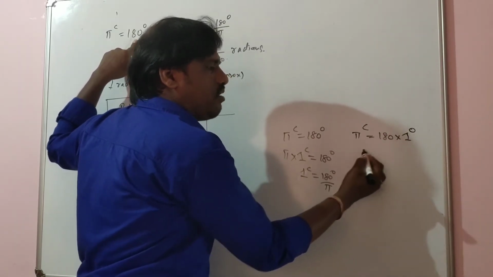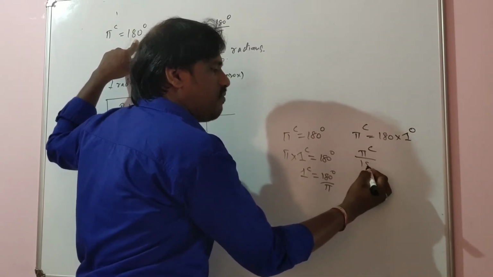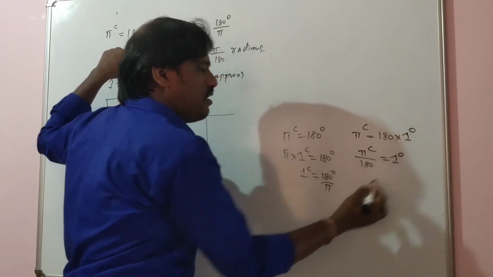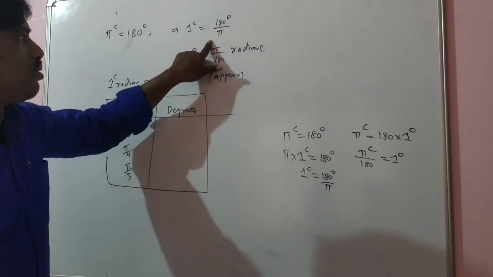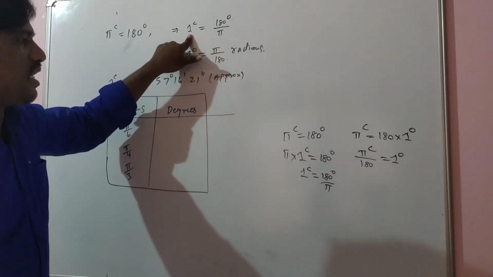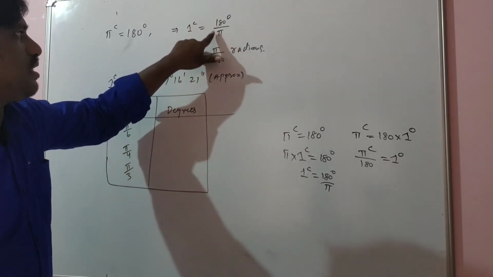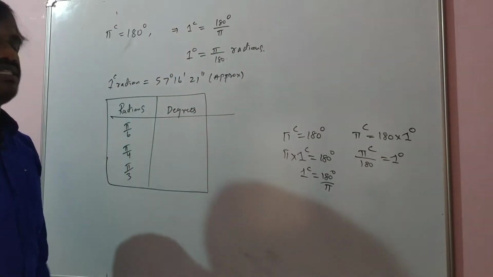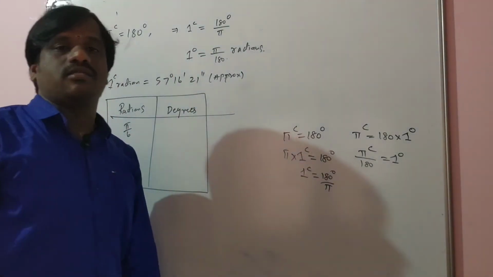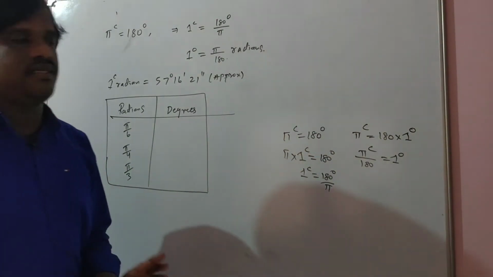Then 1 degree value will be pi radians by 180. So 1 degree is equal to pi by 180 radians, and 1 radian is equal to 180 degrees by pi. You have to remember this. And 1 radian is approximately 57 degrees 16 minutes 21 seconds.